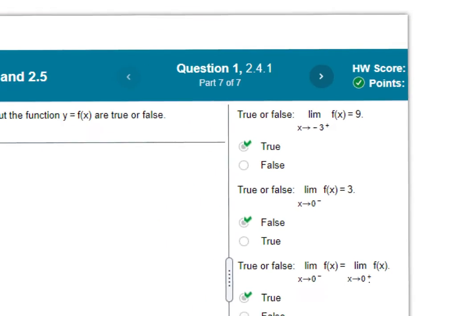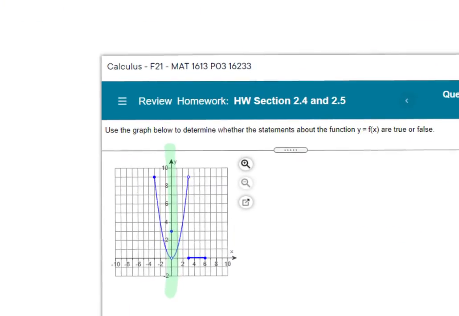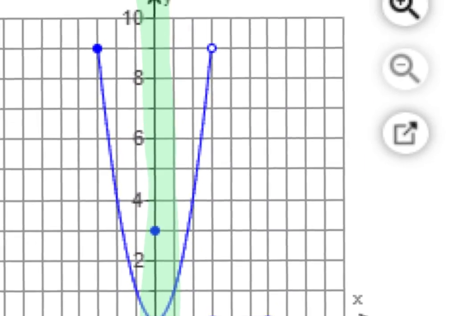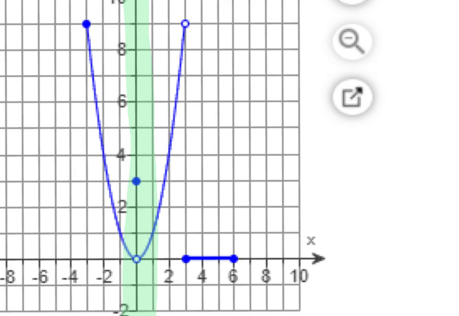So let's see what it really is from the left side of 0. First of all, f of 0 is equal to 3. But that's not necessarily what the limit is. In fact, that isn't the limit.